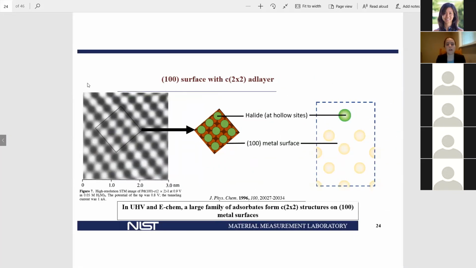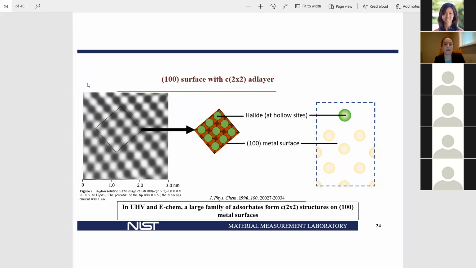So corrosion is a very difficult problem, and if we had a test system to understand corrosion, it would be a whole lot easier than if we were trying to look at a system where the end product is degraded and the surface structure is no longer apparent.